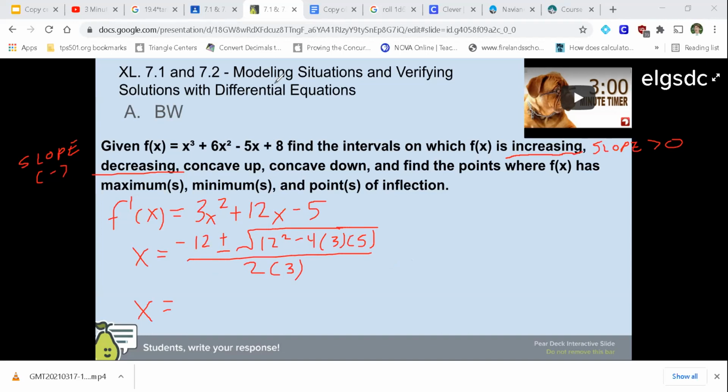What is 12 squared minus 4 times 3 times 5? It's 84. So negative 12 plus or minus the square root of 84 over 6. I think let's just change this to a decimal. Is that okay with everybody? We just decimal this out.